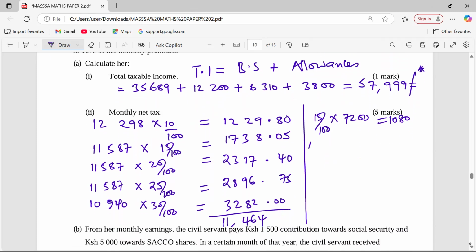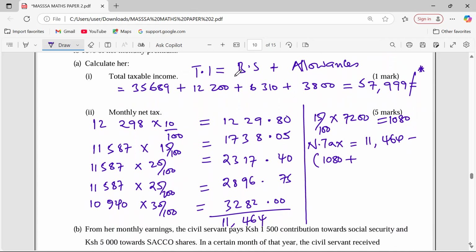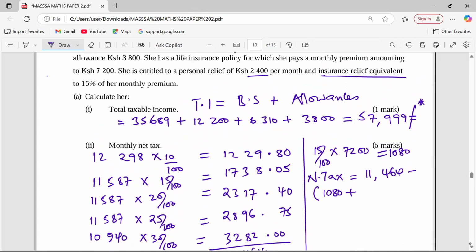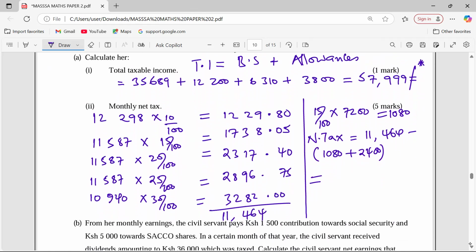So the net tax shall be the gross tax minus reliefs, 1080, and the personal relief, which is 2400. So this is going to give us a net tax of 7,984 Kenya shillings.